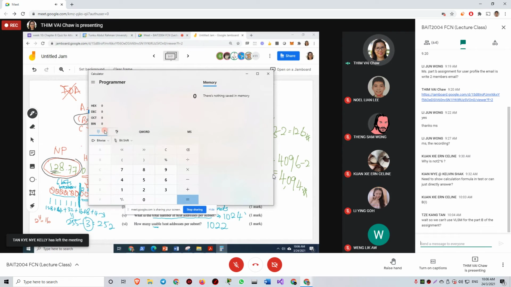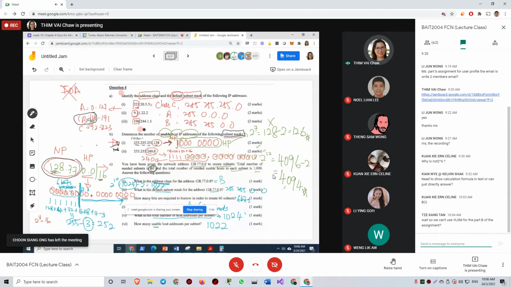Given the decimal value 128, the bit pattern is 10000000.